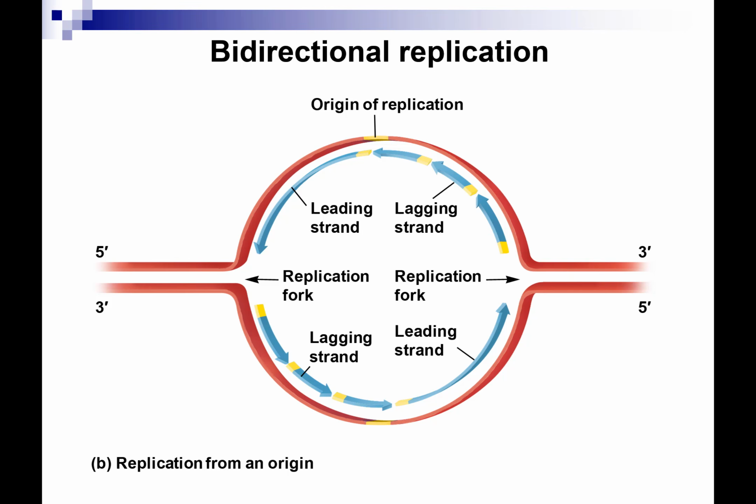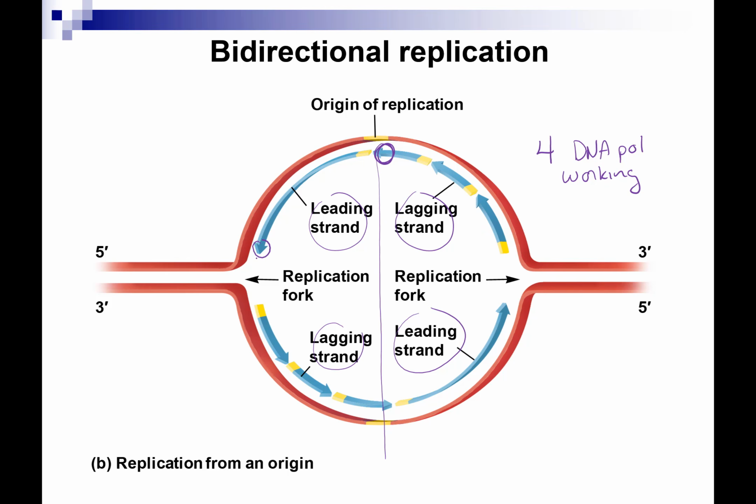So remember, wherever you have a leading strand, you have on the opposite side a lagging strand, and a leading strand and a lagging strand. So here we normally split it and we show 1 replication fork, but it's really happening twice. You actually have 4 DNA polymerases working. You got 1 here, 1 here, 1 here, 1 here, and every time you open this fork up, you start with another one.